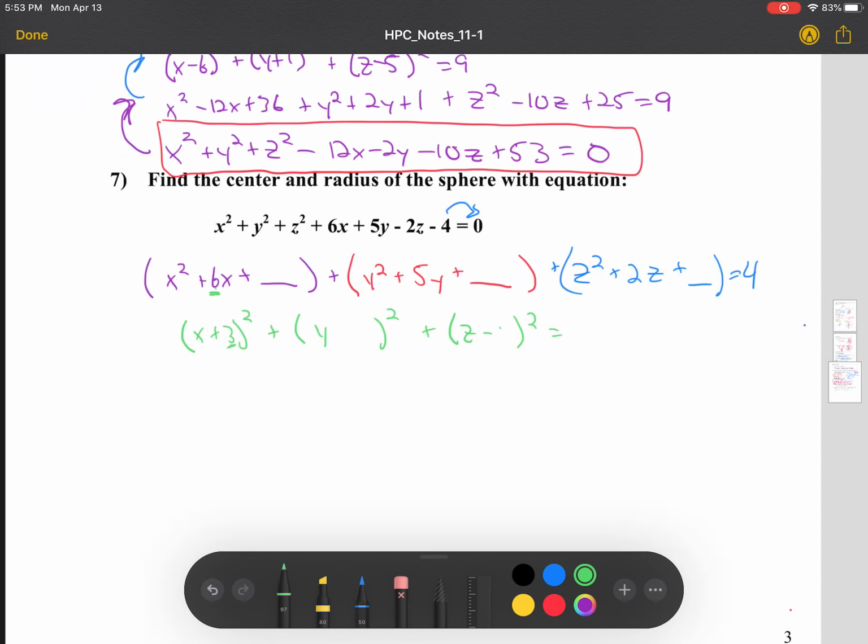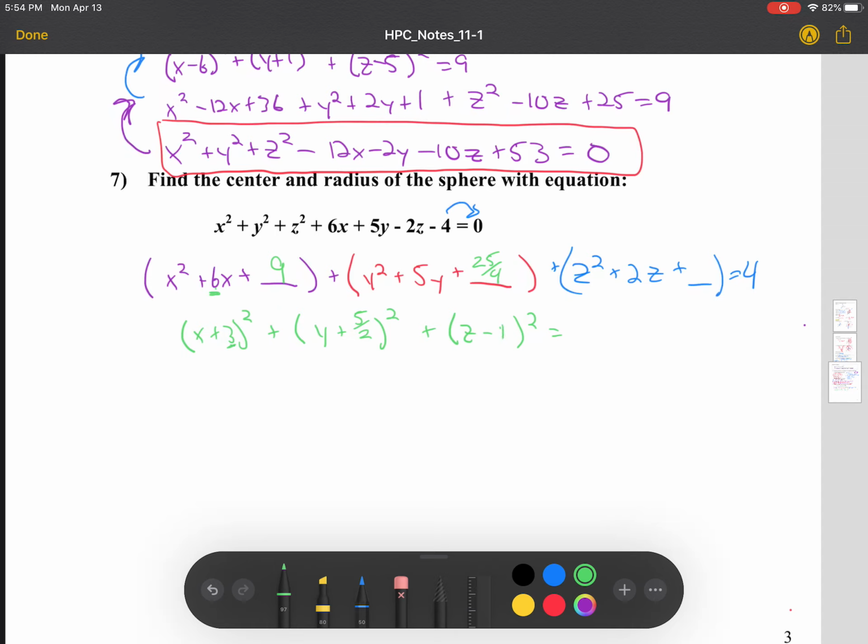So we divide this by 2, which gives us this term down here, and then we square it to get the one up here, the 9. Same thing with the y. You divide that by 2, which gives you 5/2, and then you square it, which gives you 25/4. I'm just going to keep that as the fraction.